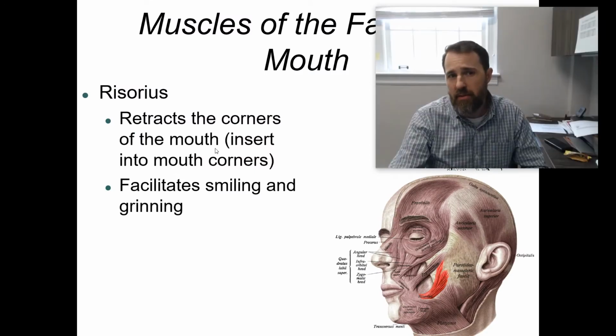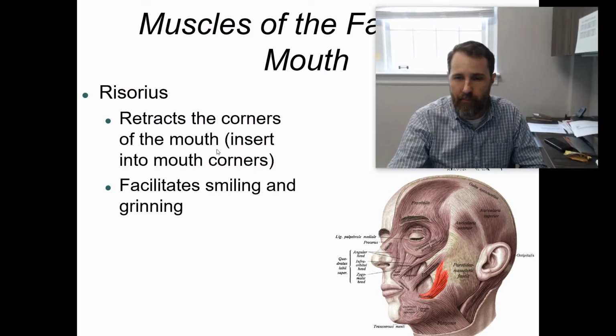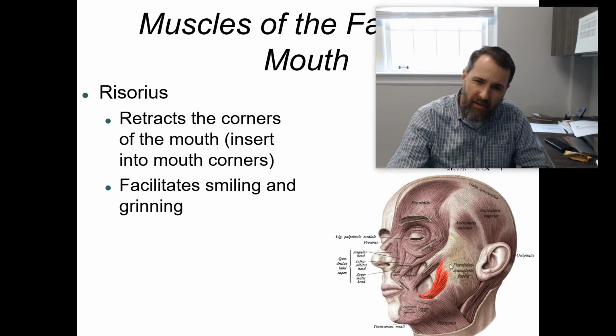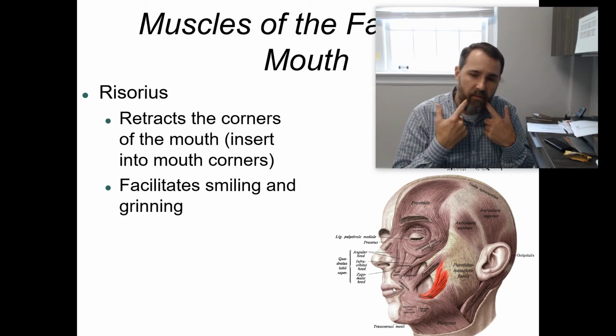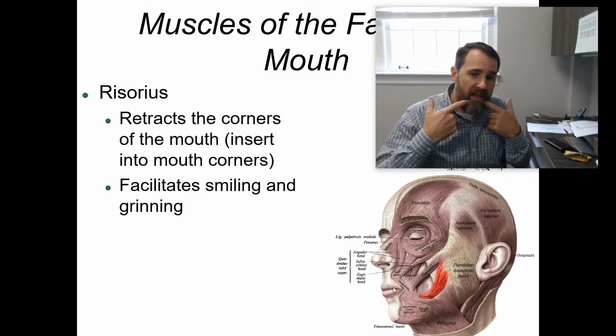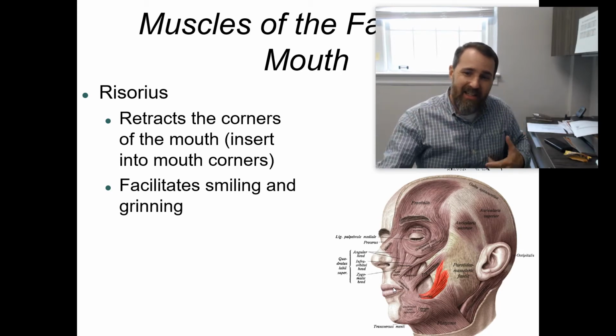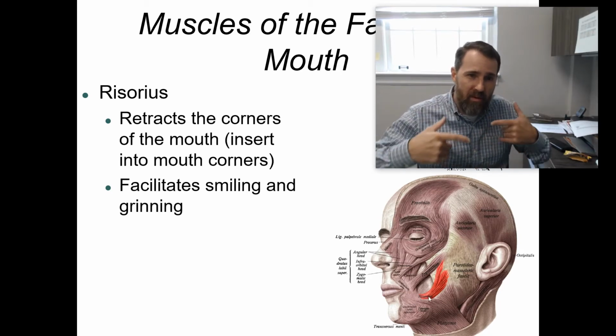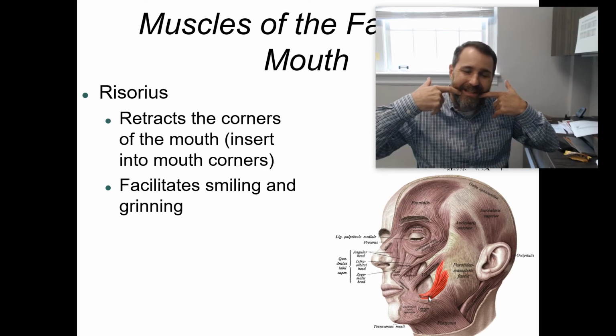So the next muscle we're going to cover is the risorius. And looking at this image here, you can see that it is reaching down to insert into the face down around the corners of the mouth. So when that contracts, it is going to pull the corners of the mouth back.